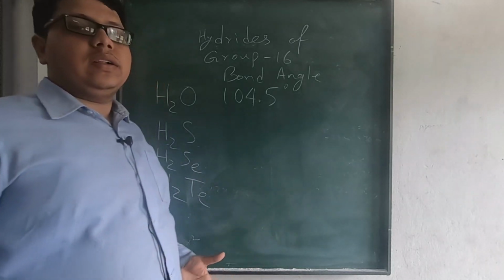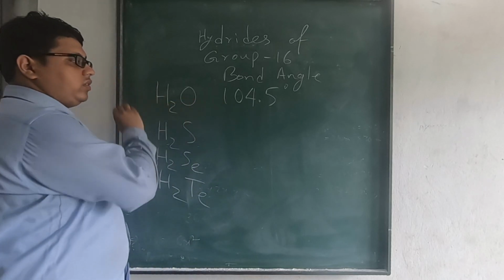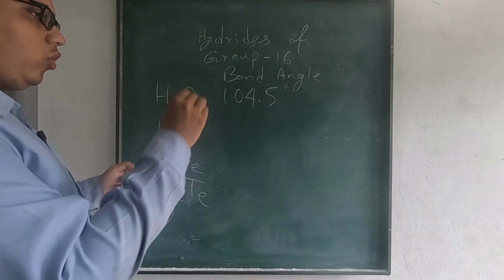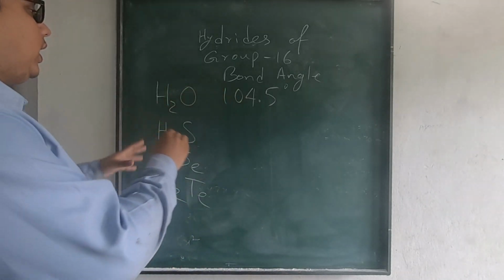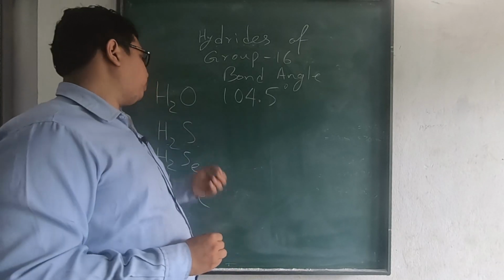Now the bond angle data I am presenting here: for H2O, the bond angle between H-O-H is 104.5 degrees.